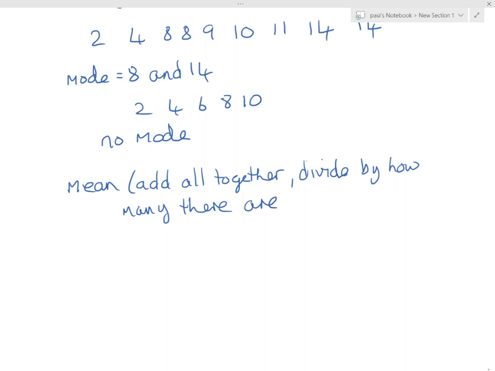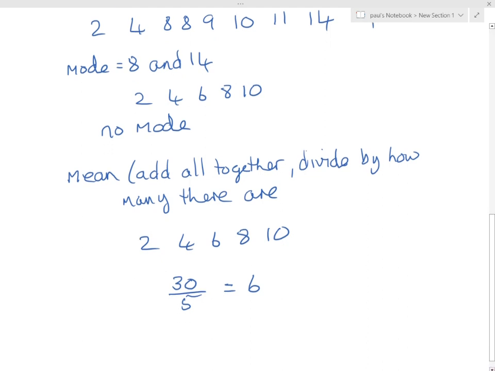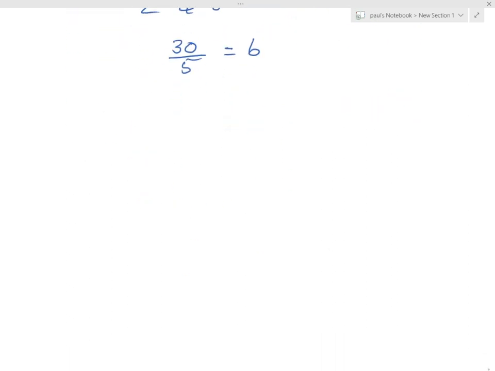We've got 2, 4, 6, 8, 10. There's the data set. Add them all together: 6, 12, 20, 30. So you've got 30, and you divide by 5. Therefore, the mean is equal to 6. So you just add them all together and divide.